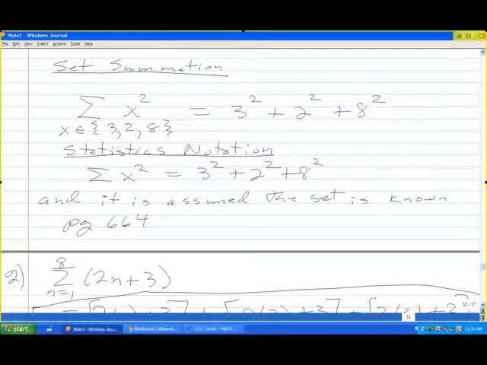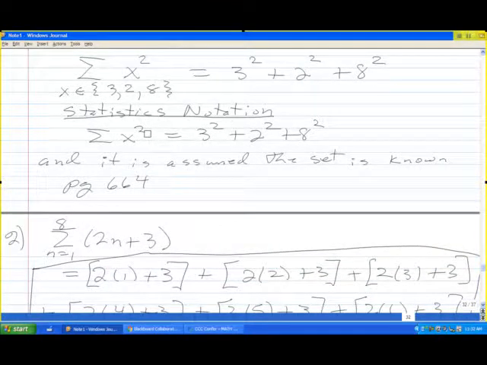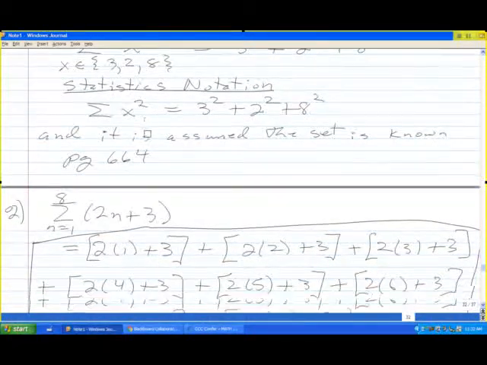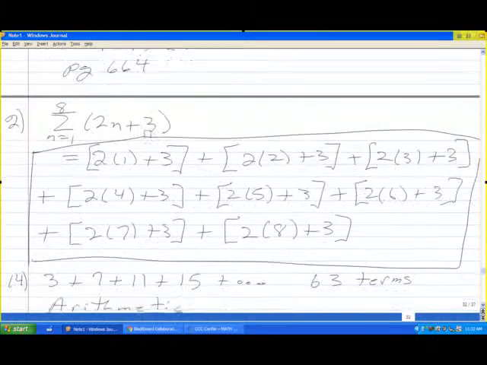And in statistics, they use this set notation, if you remember, where they sum over members of a set. Many times they hardly ever write what the set is. It's understood.